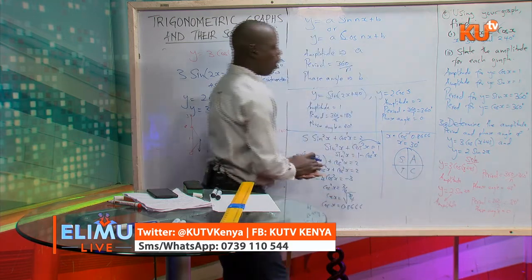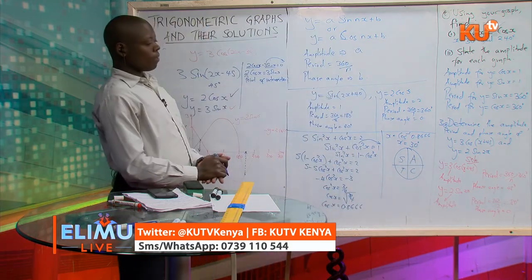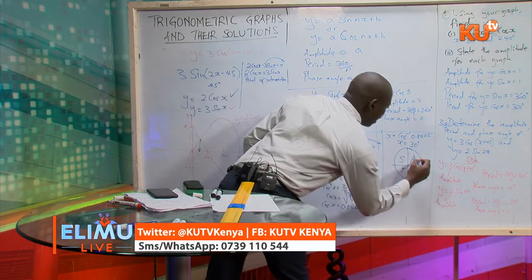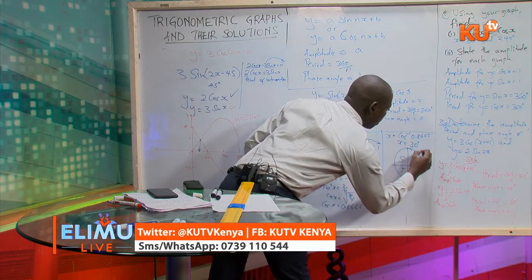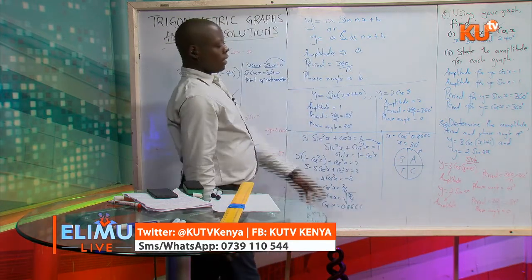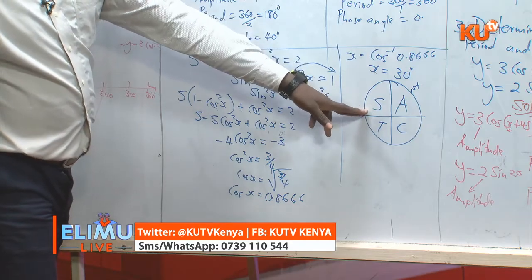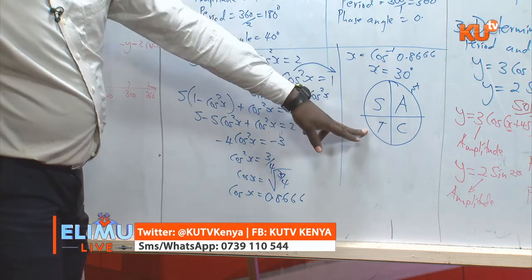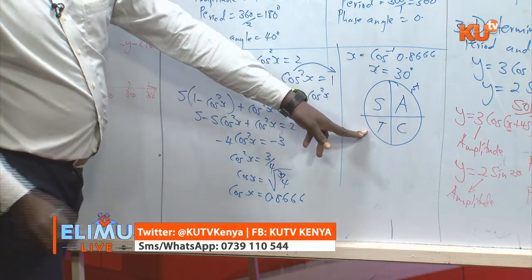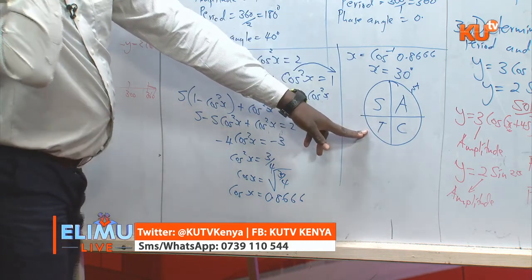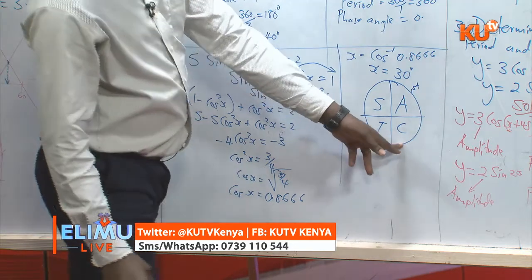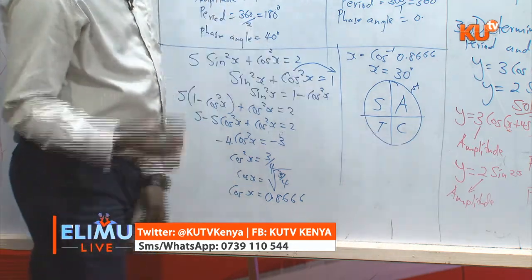A means all angles, and all angles are positive in the first quadrant. In the second quadrant, only sine is positive, that's why we have S, students. In the third quadrant, only tan is positive, take. And in the fourth quadrant, only cos is positive, coffee.